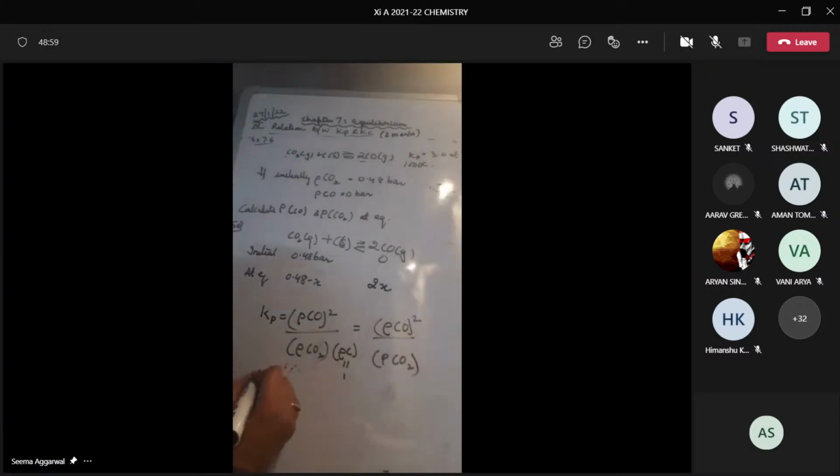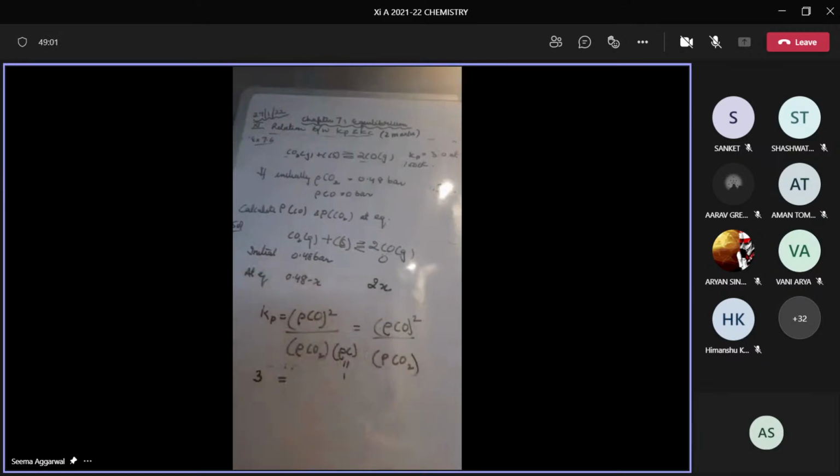3 is equal to partial pressure of carbon monoxide at equilibrium. This is at equilibrium. So it will be (2x) whole square upon partial pressure of carbon dioxide, that is 0.48 minus x.